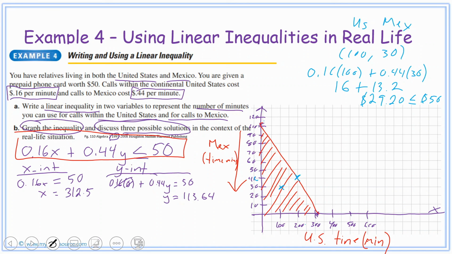You could even go to the very top. You could just spend 100 Mexican minutes, right? Just below that. Or you can actually use the y-intercept itself. But any combination of x and y that lands on the border or below will satisfy that. And so those are three possible solutions that it refers to.